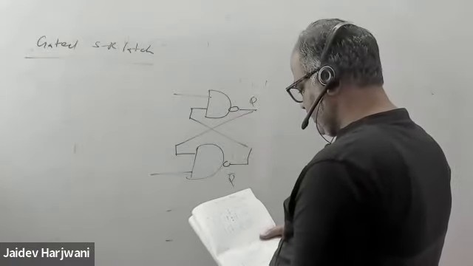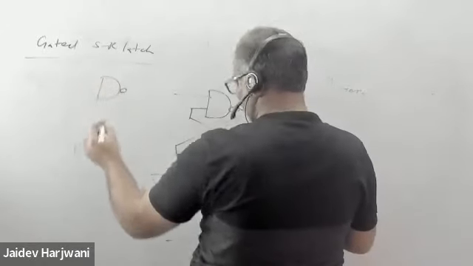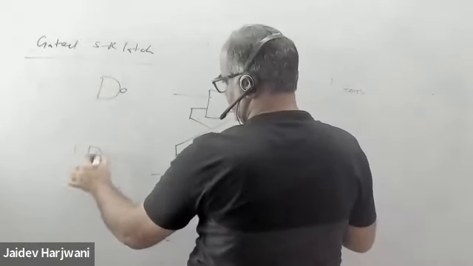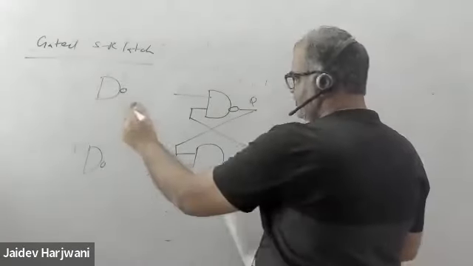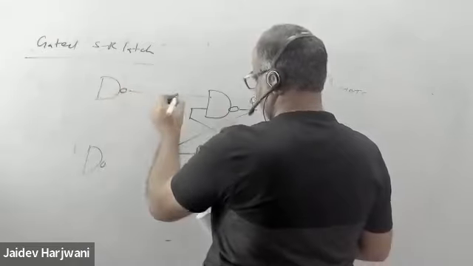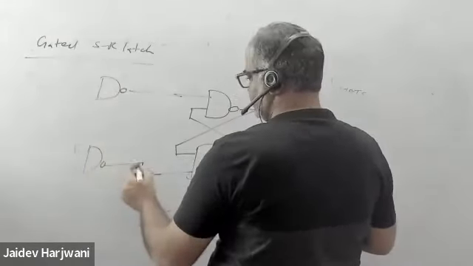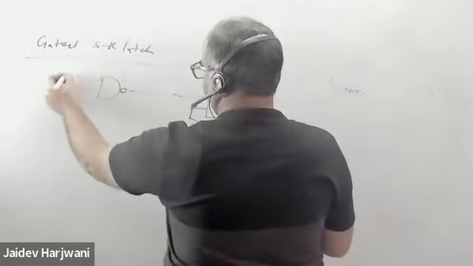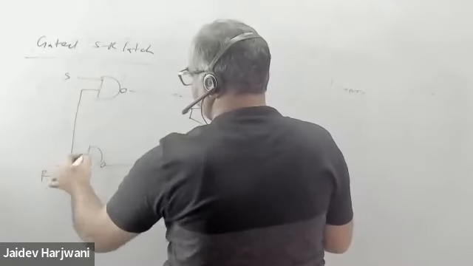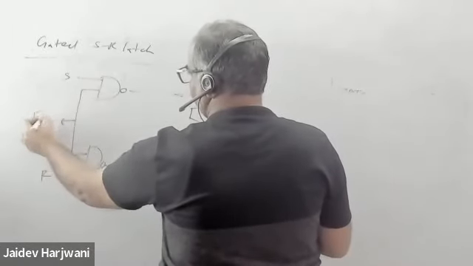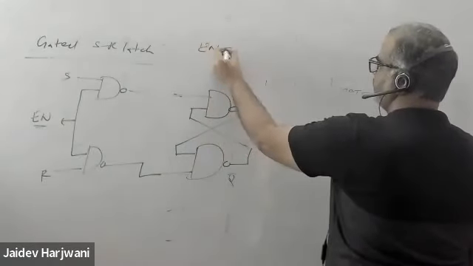And this time I am putting one more NAND gate. So this is basically a latch, and this is called a steering gate. This is one, and this is coming here. And here you have S, you have R, and these two inputs are called enable. EN is enable.